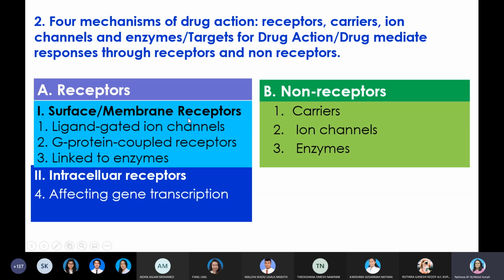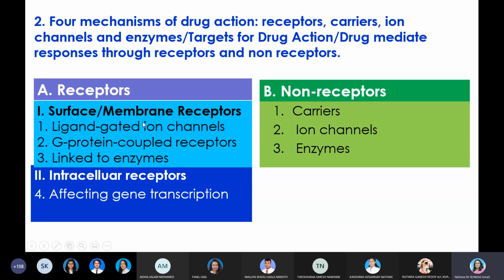So receptors can be found on the cellular membrane or inside the cell. So there are surface or membrane receptors, and there are also intracellular receptors. There are 3 types of surface membrane receptors, and we have to go through all 3. And there's only one for intracellular receptors. We'll also have to go through that.